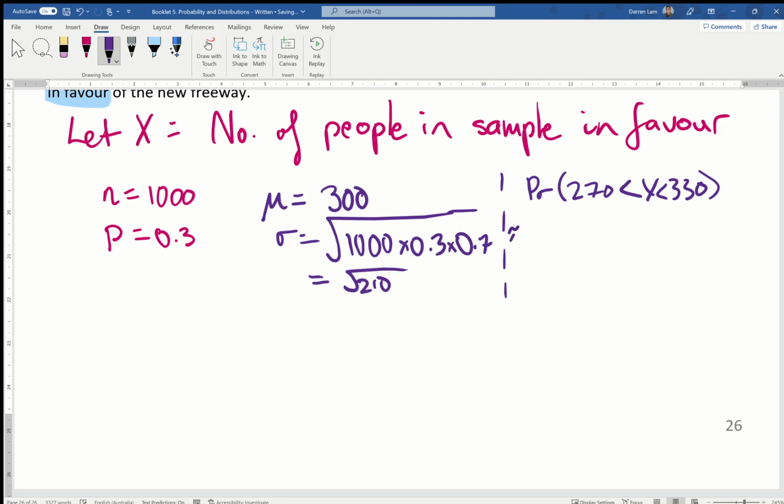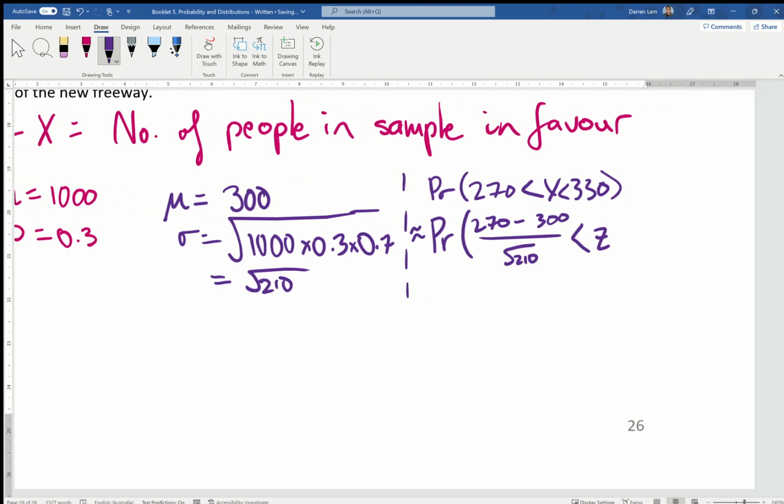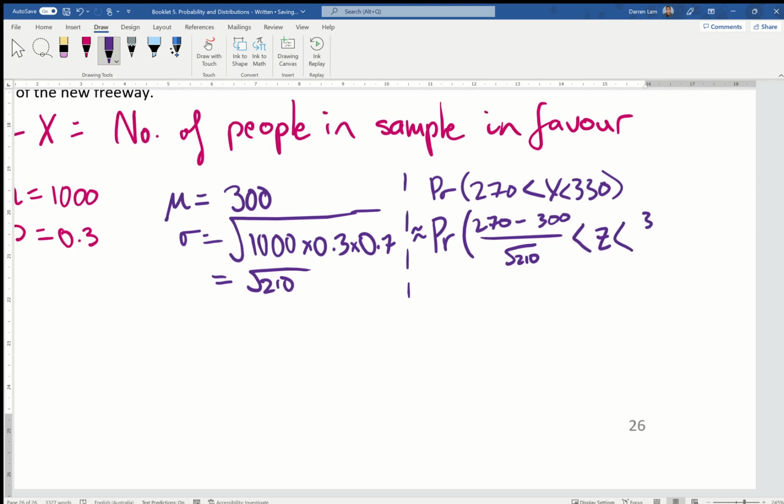So it's approximately, and keep note of the approximately, being between 270 minus 300 over root 210, substituting my average and my standard deviation, less than z. I'm not writing x now because I'm using the standard normal distribution, so we're using z now, and we've got the same thing on the right hand side, 330 minus 300 over square root of 210.